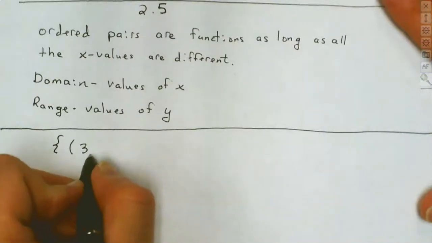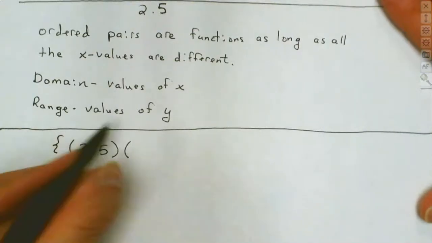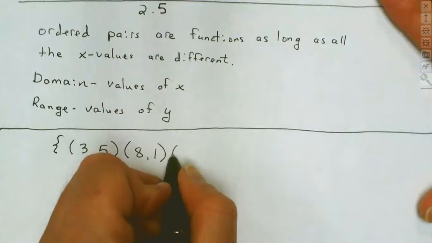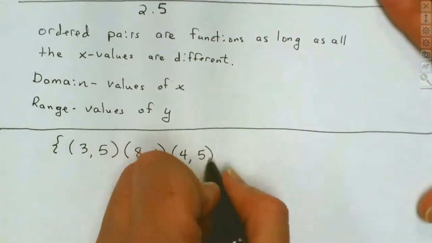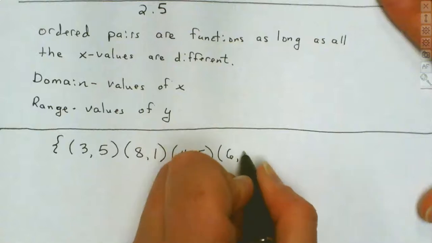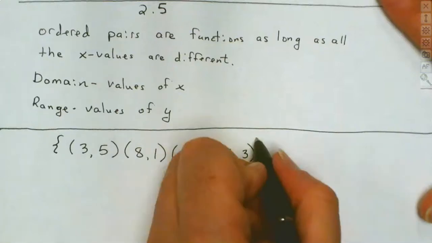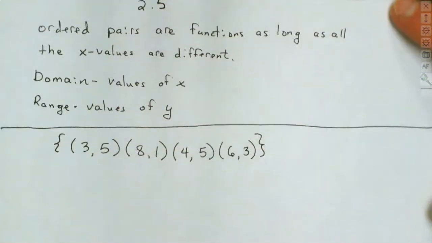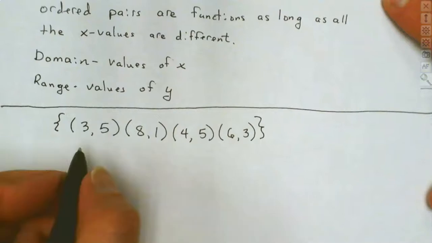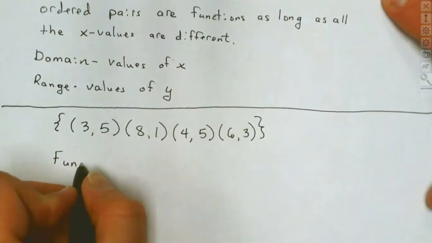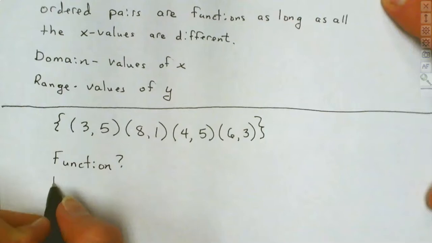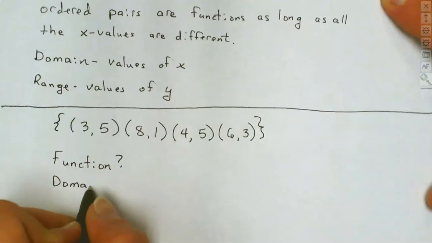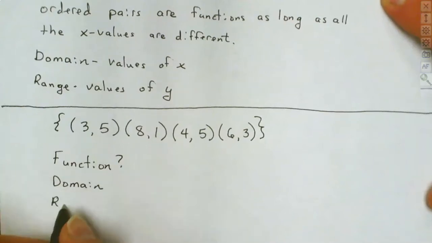I'm going to give you some ordered pairs. And we're going to determine if this is a function. And then we're going to find our domain and our range.